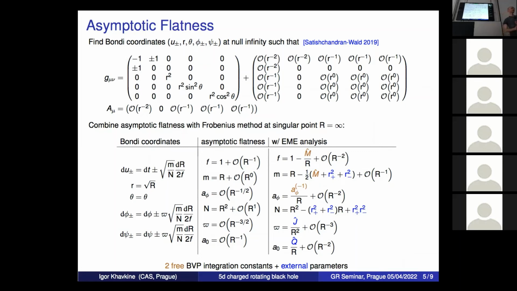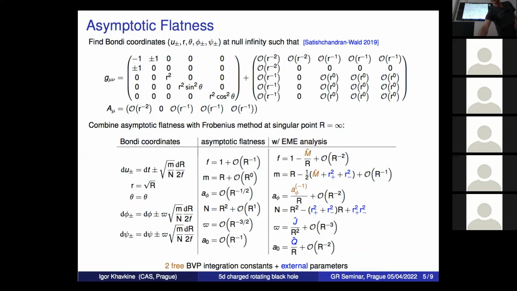Oh, yeah, that's right. But I think also, if you were to think of something like magnetic charge, I think it would appear at a different order. You mean F and F star or whatever? There's a different number of components of electric and magnetic fields in 5 dimensions.